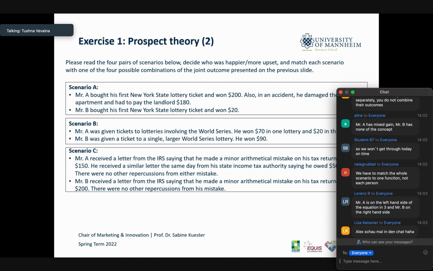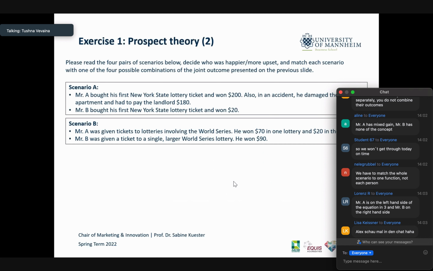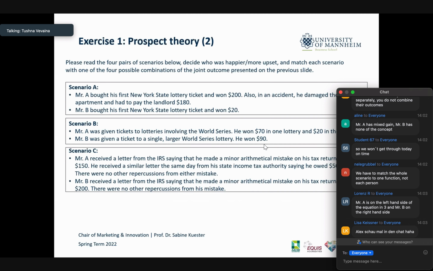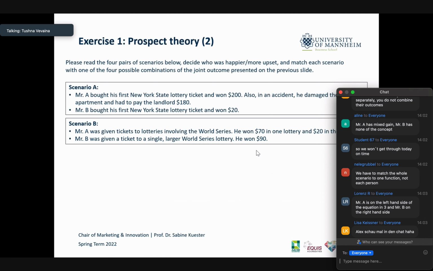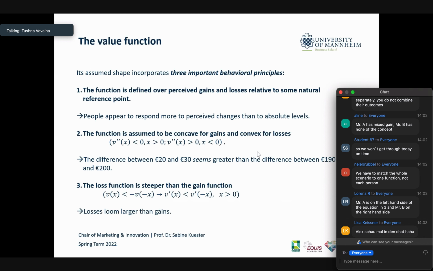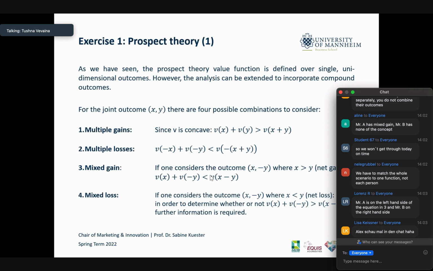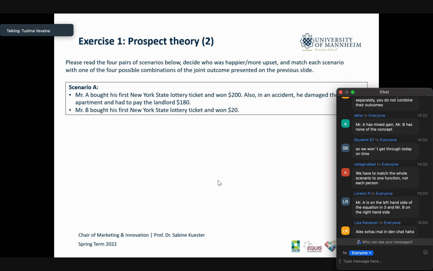And to understand why the value function works out, in this case, the value of X minus Y being greater than the value of X or minus Y individually, we're trying to use it as an example to understand it better. So just look at scenario A and look at Mr. A in that case and detect whether it's a mixed gain or a multiple gain.